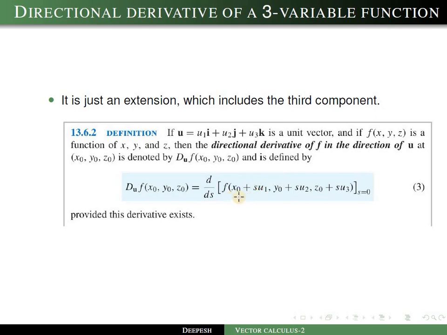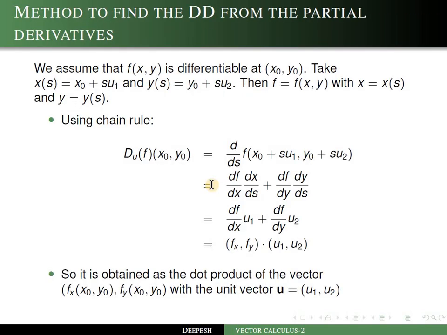Okay, and we are going to derive an expression for D_u f using the gradient vector. Okay, it's easy. So the directional derivative, by definition, is D_u f at x naught y naught is equal to the derivative of g of s. What is g of s? It is the first function, that is f of x naught plus su1 comma y naught plus su2, with respect to s, and this has to be evaluated at s is equal to 0.